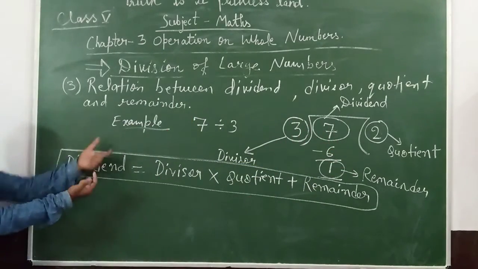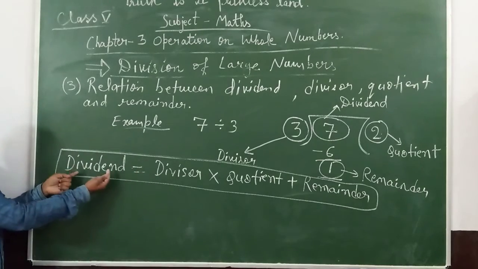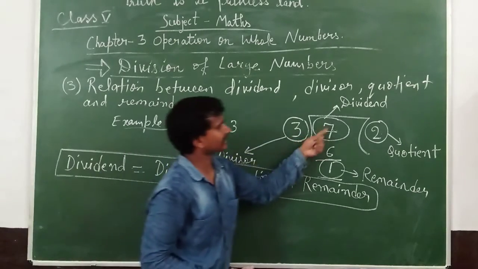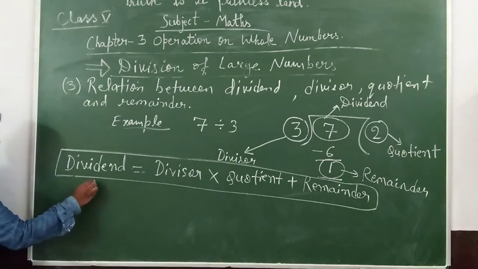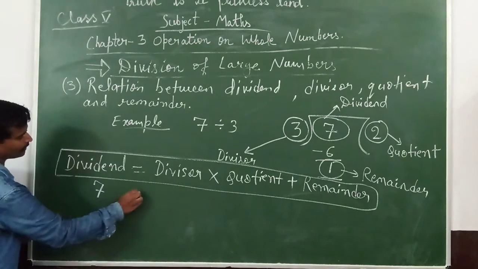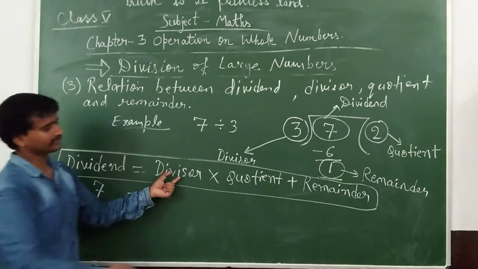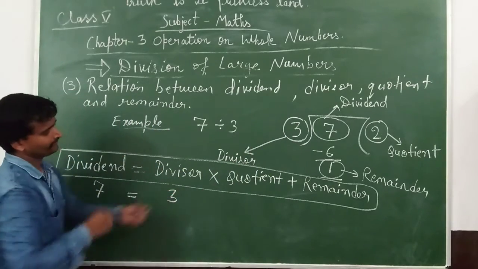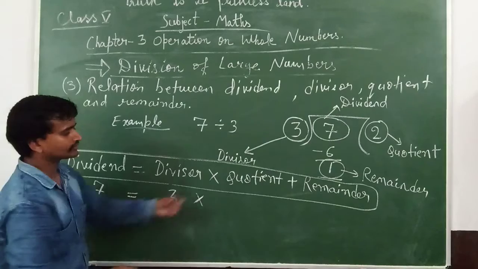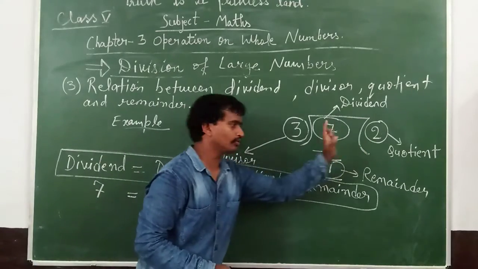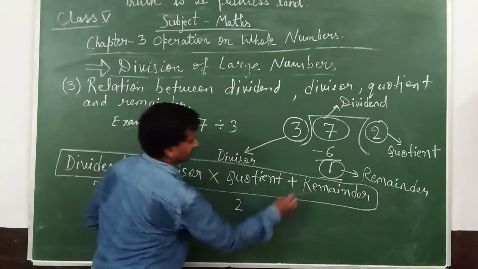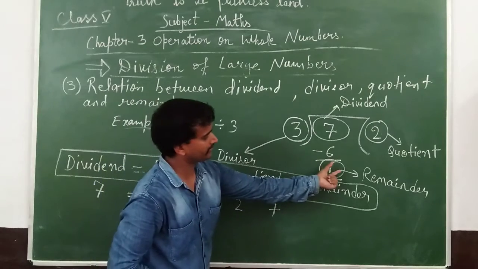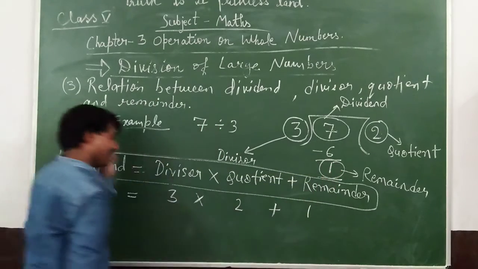Here, let us check this division. The value of dividend is 7. So put here 7, sign of equal. Divisor is 3. Put 3. Multiply. Quotient is 2. Put here 2 plus remainder. The value of remainder is 1.